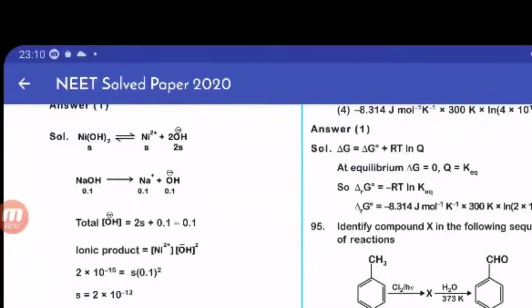So here it is taken as solubility multiplied by 0.1 into 0.1 to the power 2. So this comes out to be solubility equal to 2 into 10 to the power minus 13.